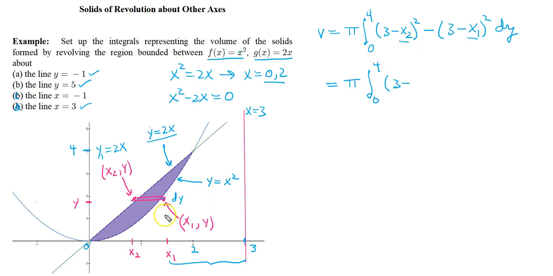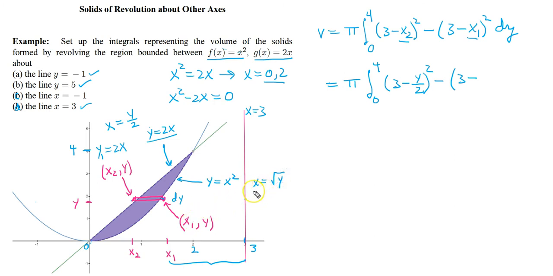Well, the x2 comma y, that lies on the curve y equals 2x, or x equals y over 2. So putting x2 in for x, y in for y, this is y over 2 squared. x1, x1 comma y lies on the curve y equals x squared, or x equals the square root of y.